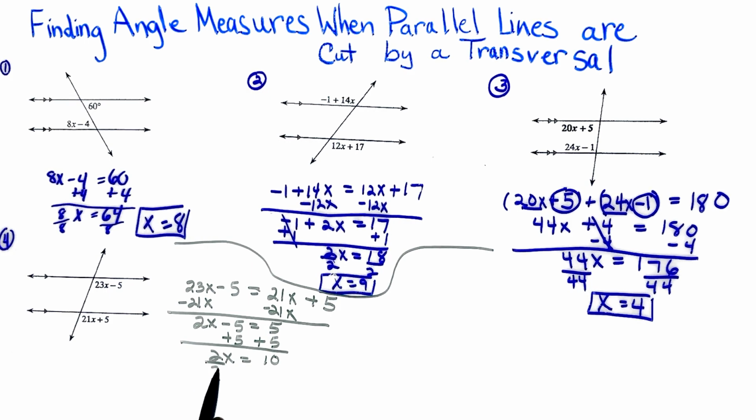Finally, the opposite of multiplication is division. So our x is equal to 5 in this problem. And if we substituted 5 into each one of these, we would indeed find that the values are equal for the angle measurements.